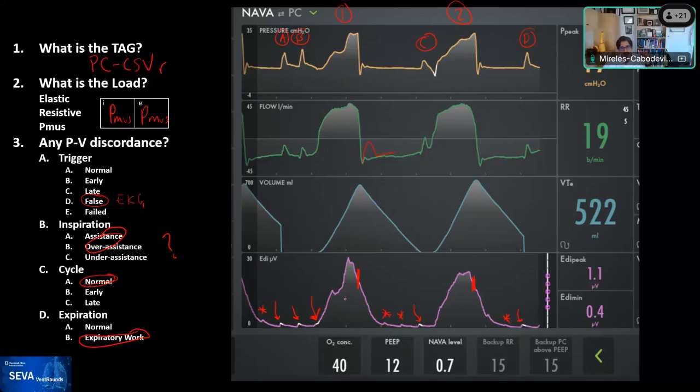So in summary, just to put everything in context, this is a servo or proportional mode in which you're going to see that it's ruled by the EMG, and the pressure will mimic the waveform of the EMG. We see evidence of PMOS during inspiration and expiration. We recognize that pulse triggers can occur because of EKG on this type of mode, and that's a contamination that occurs because the filtering is not working well, and that may need you to adjust the catheter location.